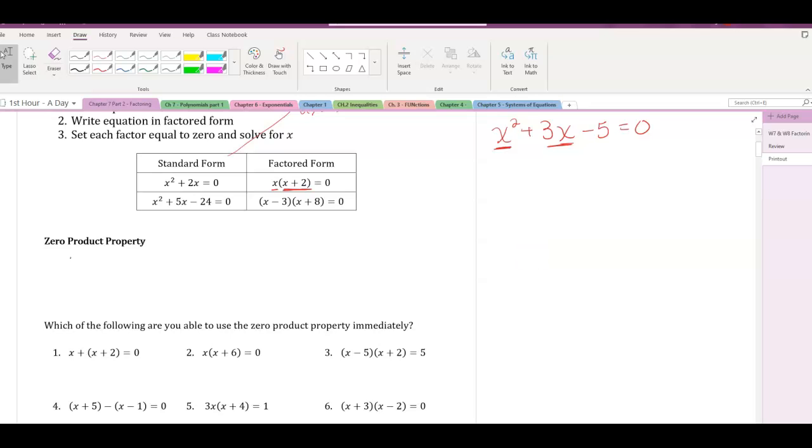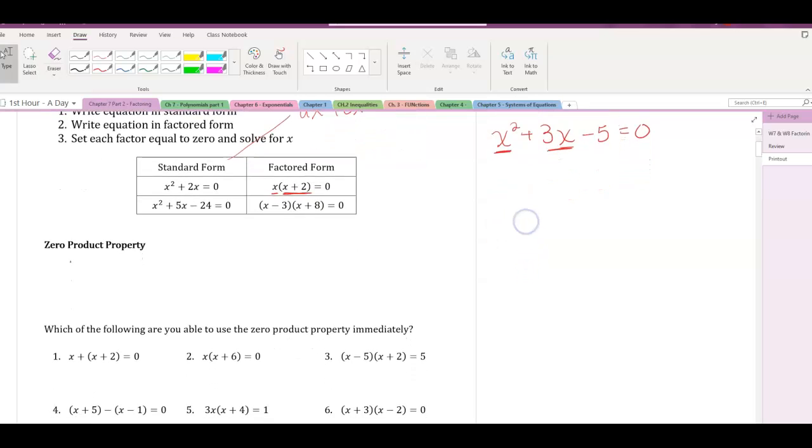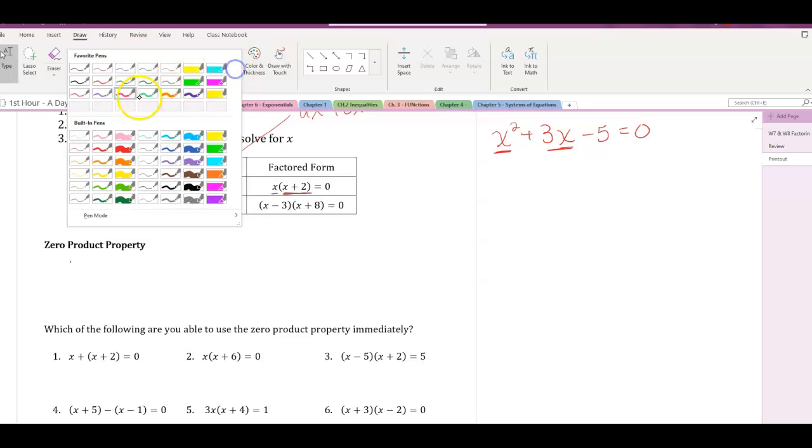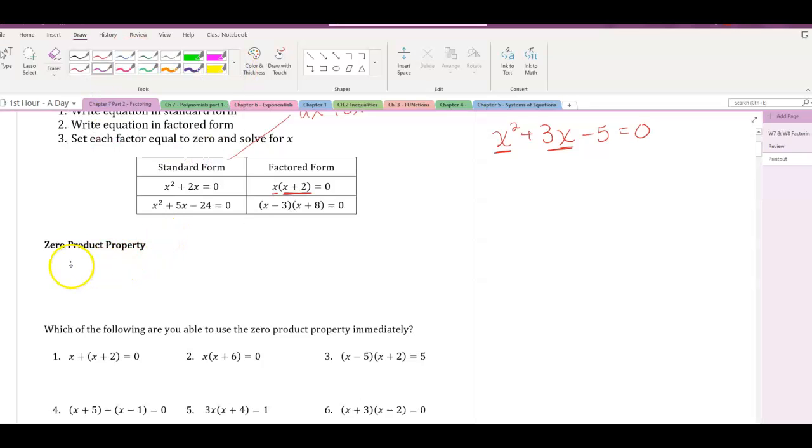So one thing we're going to do is use what's called the zero product property, and it's fairly simple. The zero product property basically states that if you have two or more factors and they are set equal to 0, then one or more of those has to be equal to 0. So think about it like this. If I said, hey, some number A times some number B is 0, what are your options? Well, let's just say A is 5.